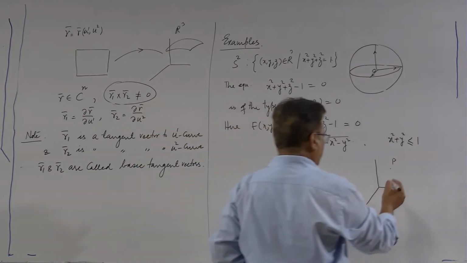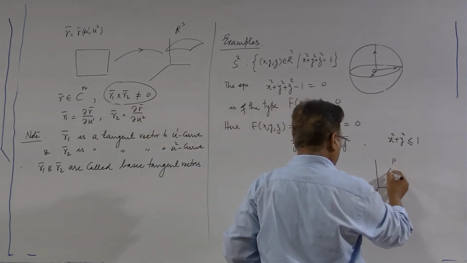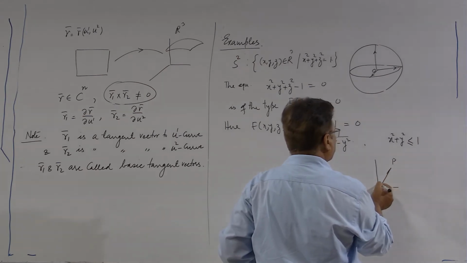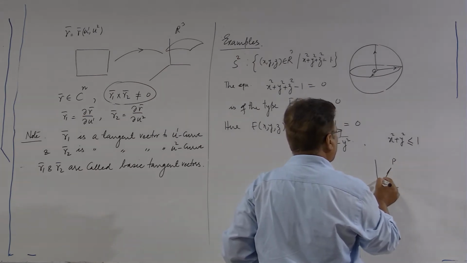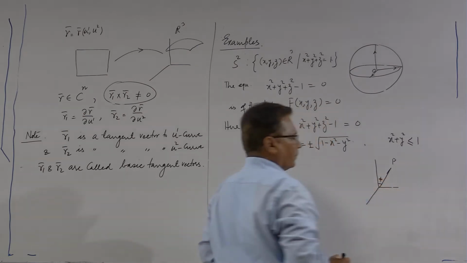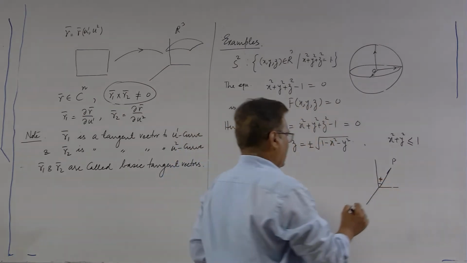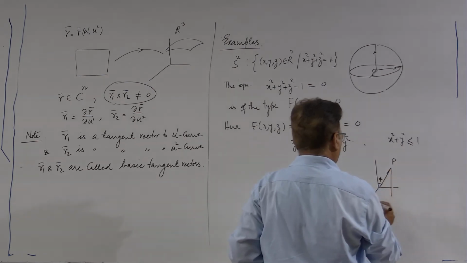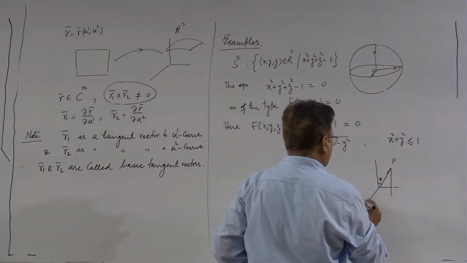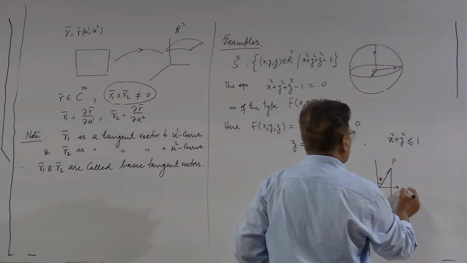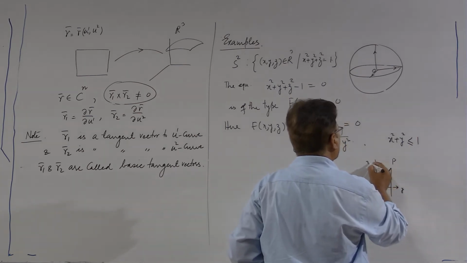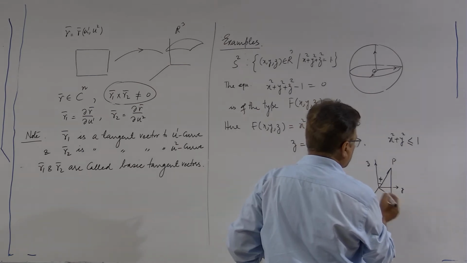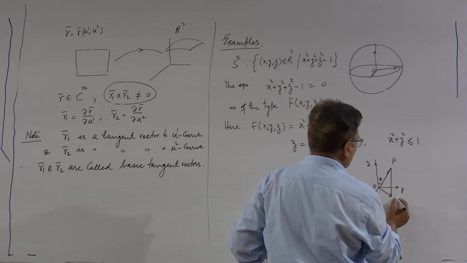If I join this point with the origin such that this position vector makes an angle phi, and I project it down into the xy plane, this is the x axis, this is the y axis, this is the z axis, and suppose the projected part is OQ.